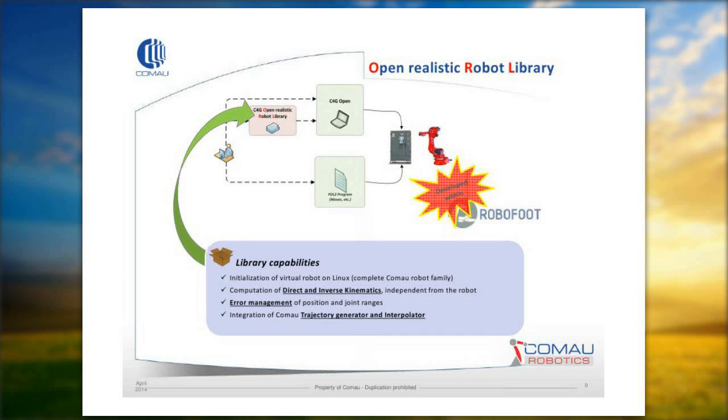At the end of the C4G Open project, we also added a library to support other possibilities to control the robots at a higher level, and we developed within the RoboFoot European project the ORL, that's to say the Open Realistic Robot Library, that could be used both for the computational direct and inverse kinematics of the robots, for all the robot families of the Comau robots.